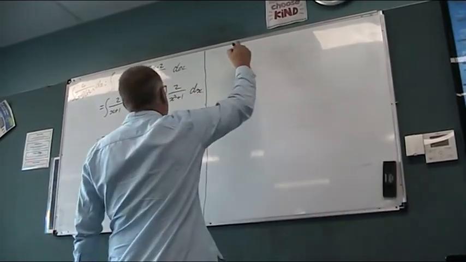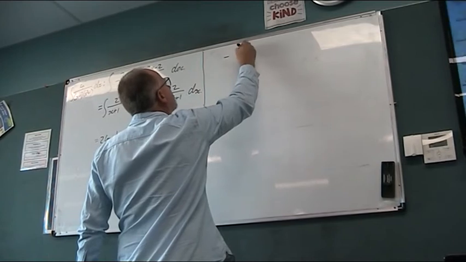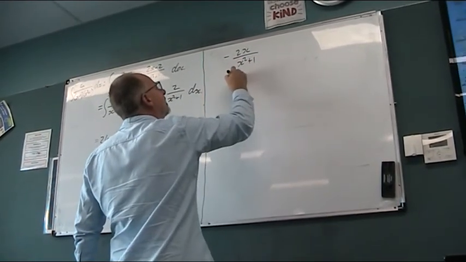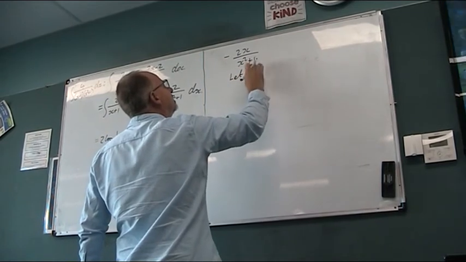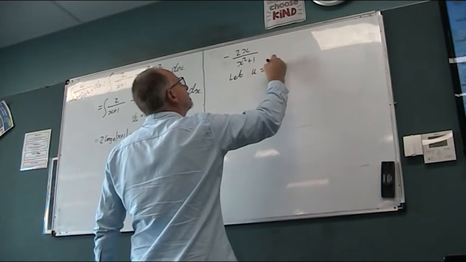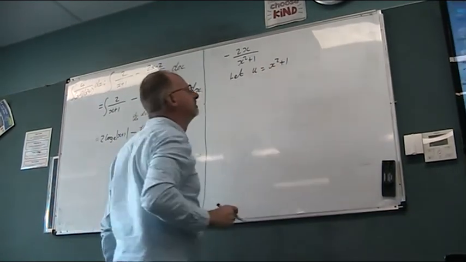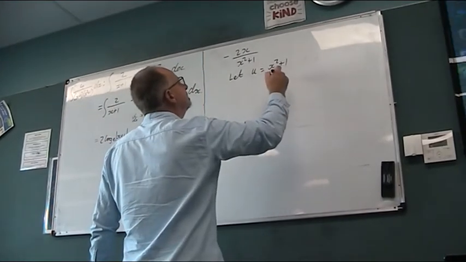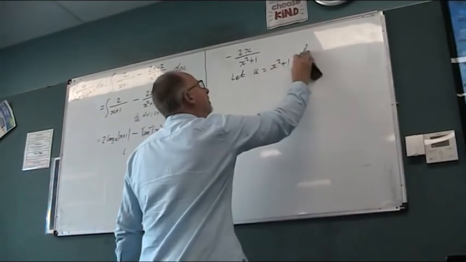So now we've got minus 2x over x squared plus 1, where we let u equal x squared. Sorry, that's not what we let u equal.